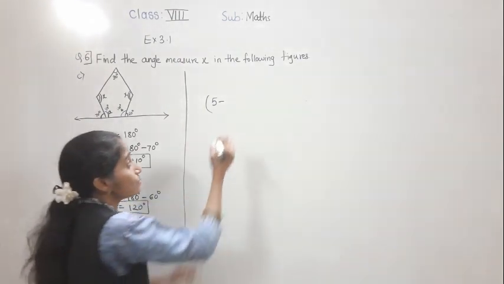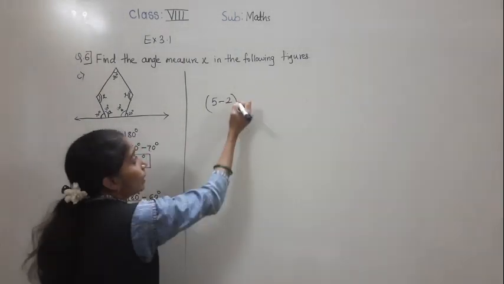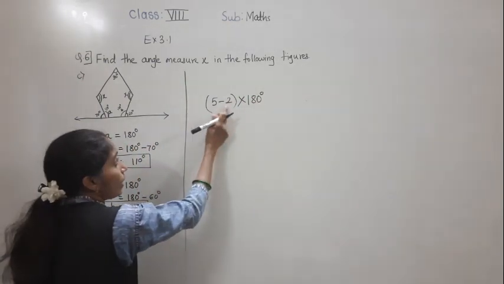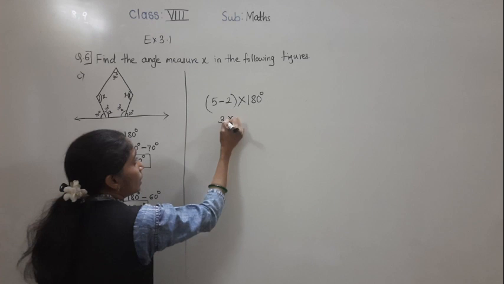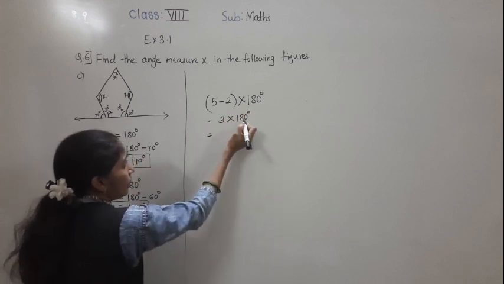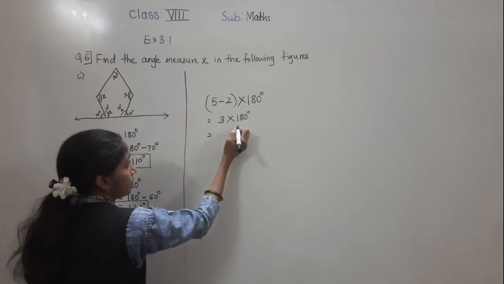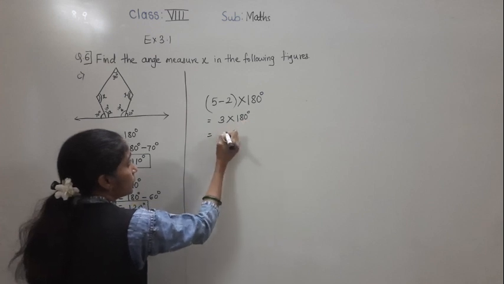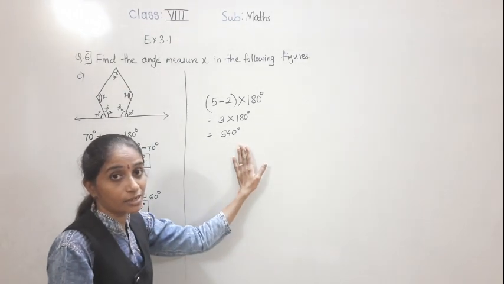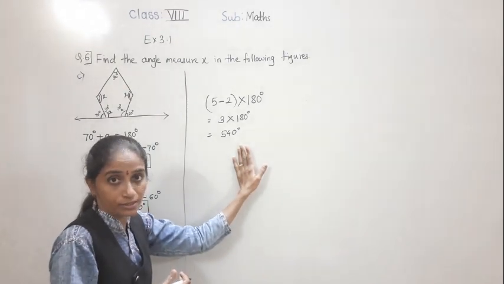Number of sides minus 2, multiplied by 180 degree. So 5 minus 2, 3, multiplied by 180 degree. So 18 times 3: 3 zeros are 0, 3 eights are 24, so 54. So 540 degree we got as the angle sum of this pentagon.